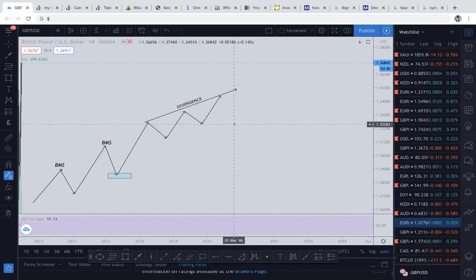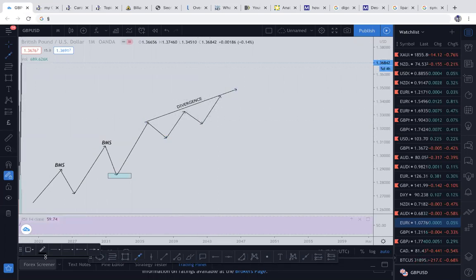And as we always say, news is an excuse to move price in the direction of smart money. News is just an excuse to speed up the rate at which price will move into the direction smart money is already targeting. And whenever we have this sort of divergence, we expect price to continue forming higher highs and higher lows.